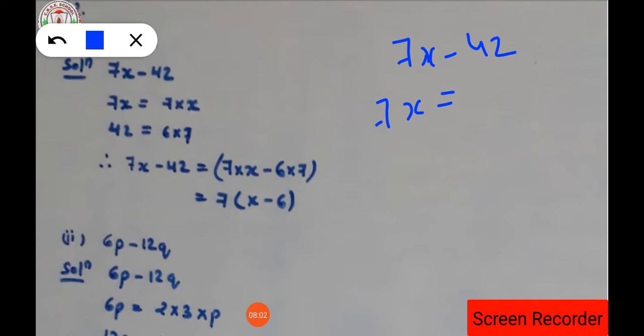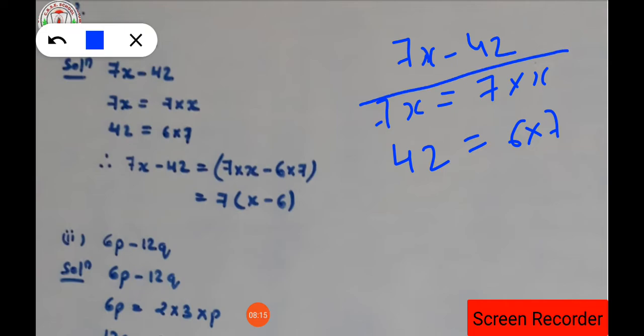It can be written as 7 into x, isn't it? And in the same way 42 can be written as 6 into 7, which is 42, isn't it? 7x can be written as 7 into x, and 42 can be written as 6 into 7.